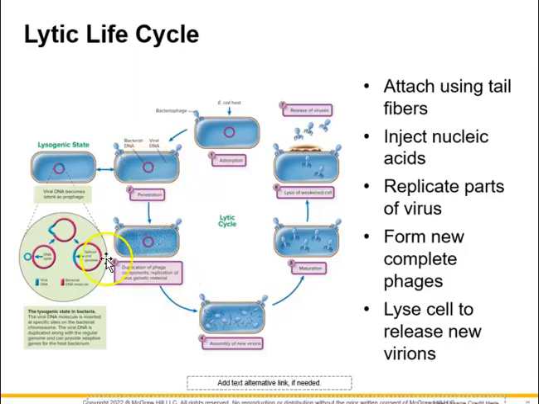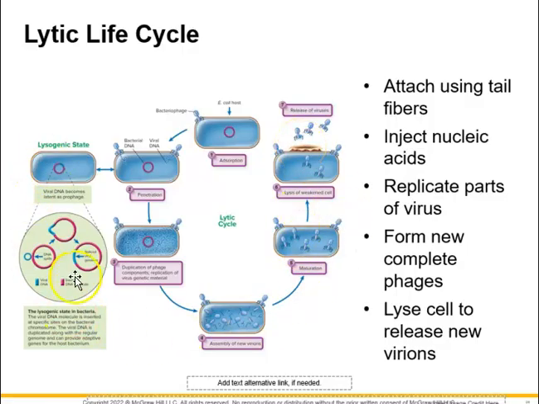So at that point, the prophage pops out of the bacterial genome, and then it will start producing new viruses. All right, so new capsids, replicating the viral genome, assembling them into actual viruses, and then it will lyse the cell.